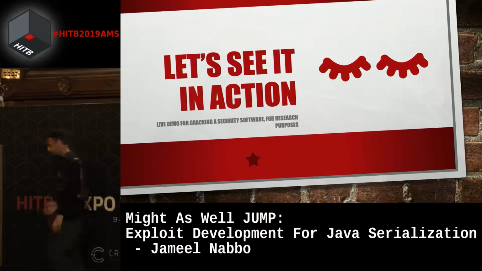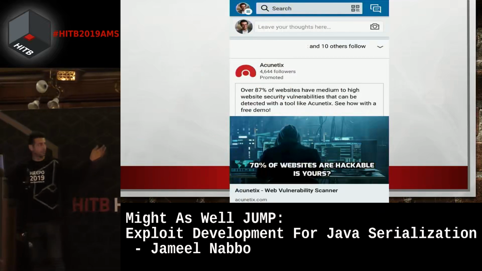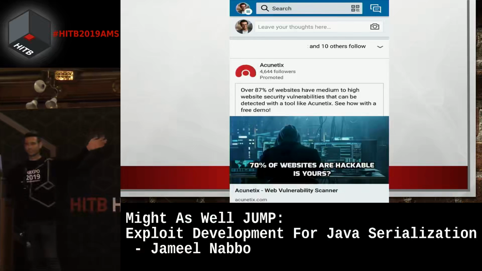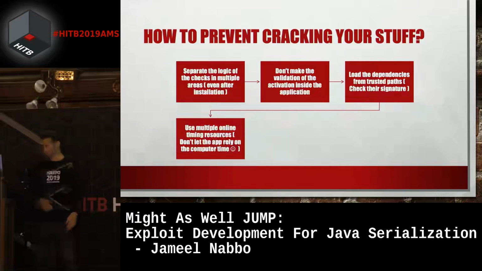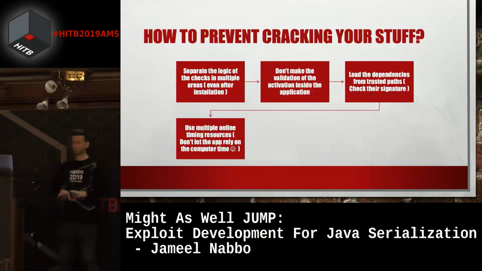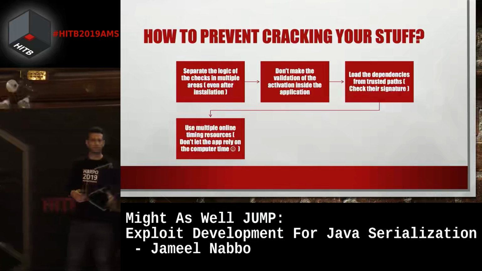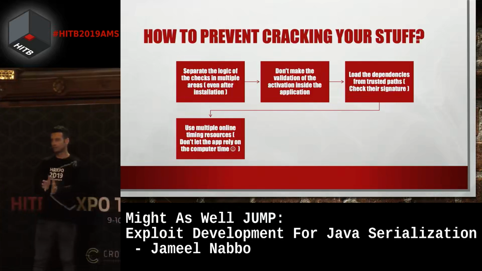But there's some, this is for fun, like I always see it on LinkedIn promoting whether a website is secure or not. If you want to prevent it, basically separate the logic of the checks, and every time you make a process to validate something, just separate the logic.